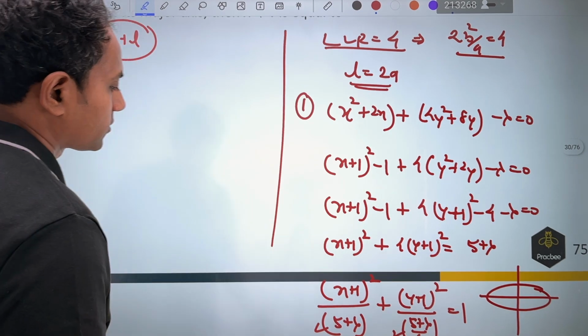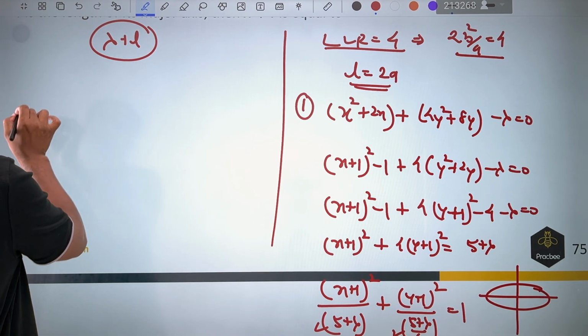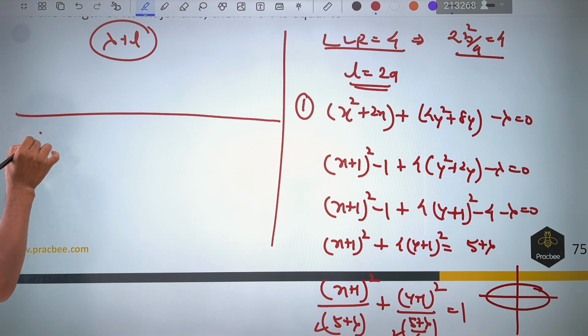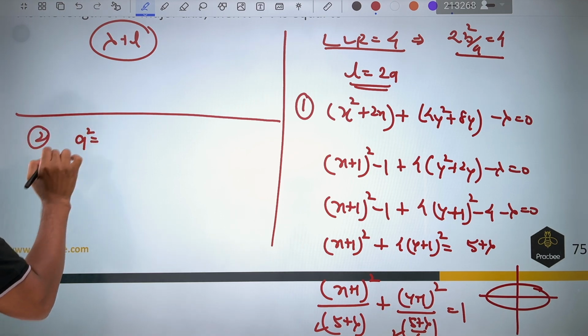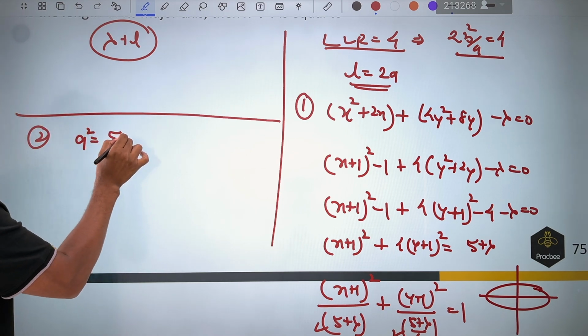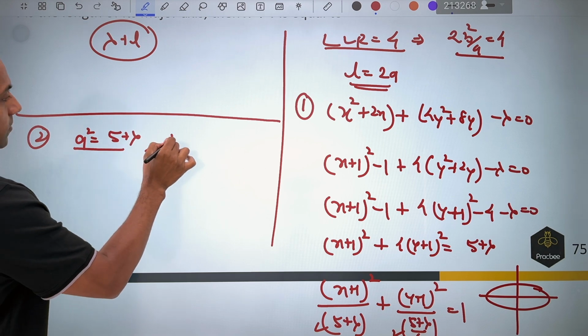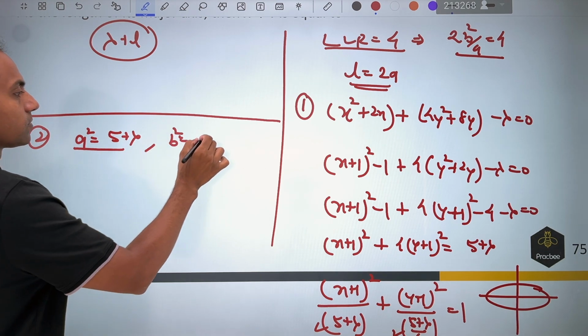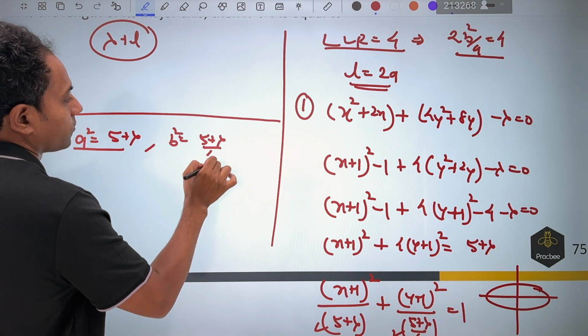Correspondingly, the value of a square in the second part is 5 plus lambda. The value of b square is (5 plus lambda) by 4.